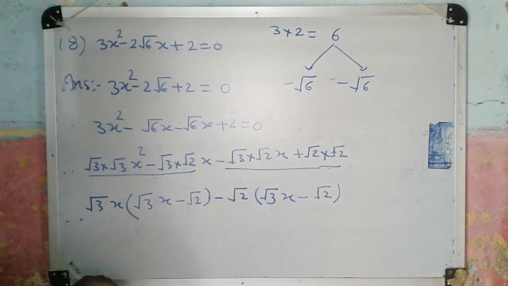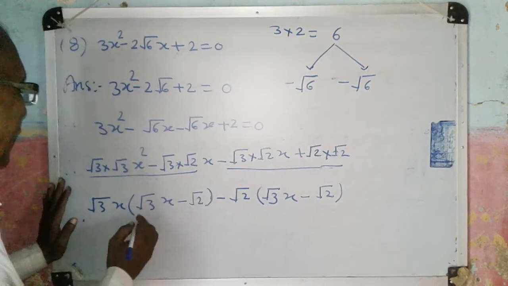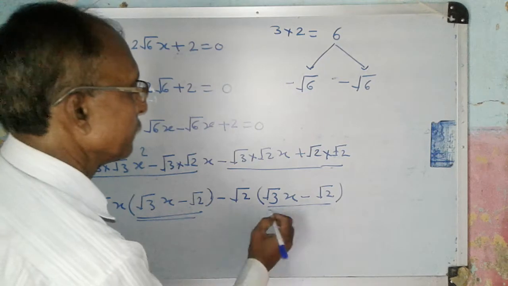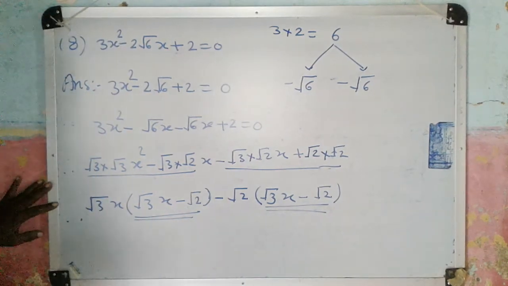So here this is our common bracket, is equal to 0.